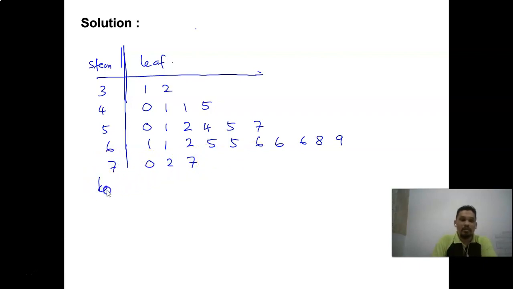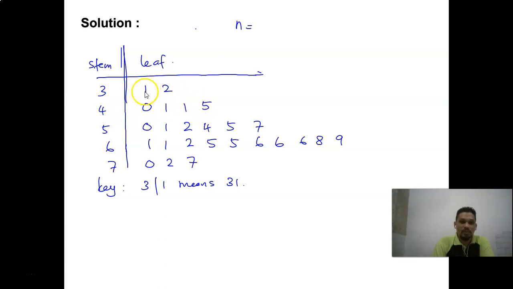And don't forget, we need to mention the key for this one here. Let's say 30 and 1 means 31.